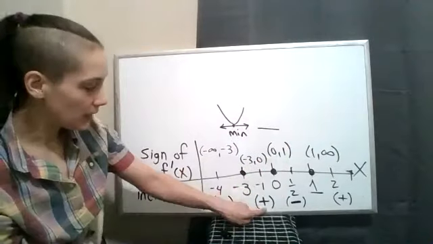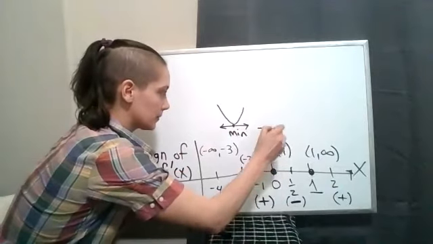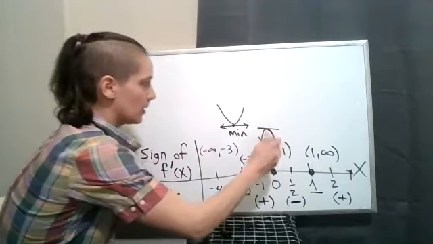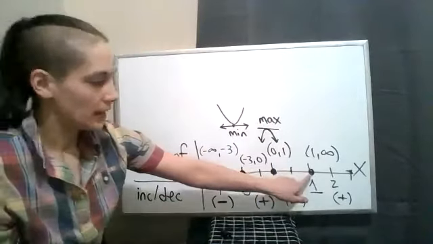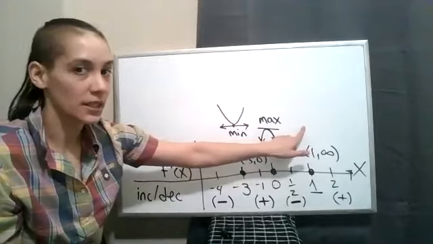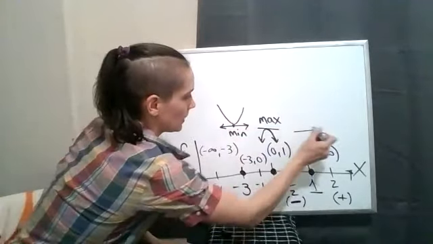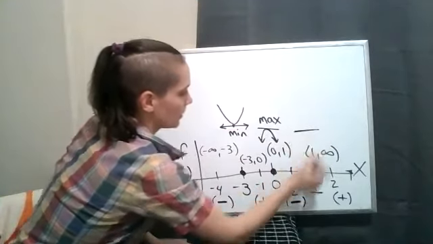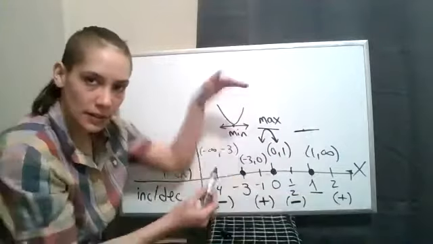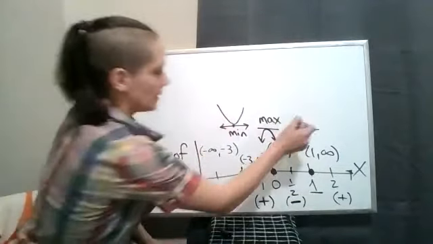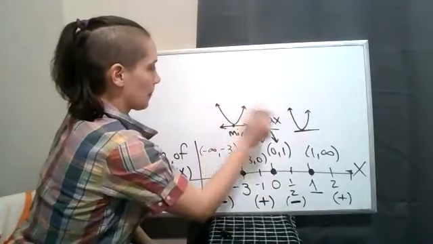We go from increasing to decreasing. That would be a max. Okay, and at 1, also the tangent line is horizontal. Has a slope of 0. And we go from decreasing to increasing. So decrease and an increase. It's going to be a min.